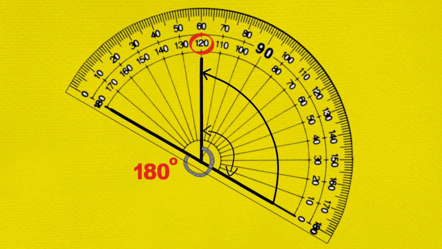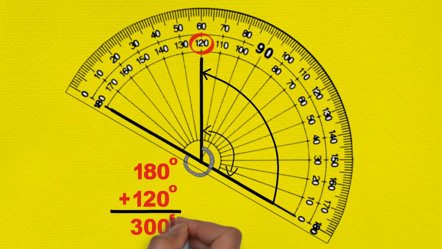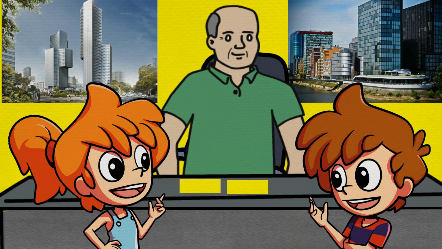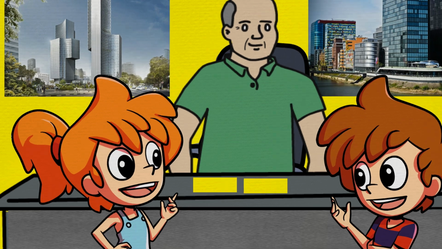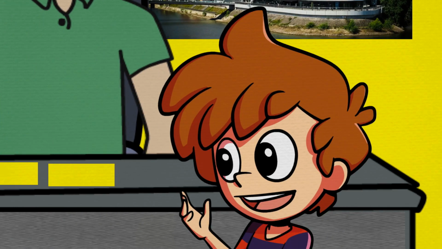So the total reflex angle is 180 plus 120, which equals 300 degrees. So you see, kids, we can use the protractor to measure any angle. The twins were excited to find out that the little plastic semicircle in their geometry sets was such a useful tool. But wait, there's more!